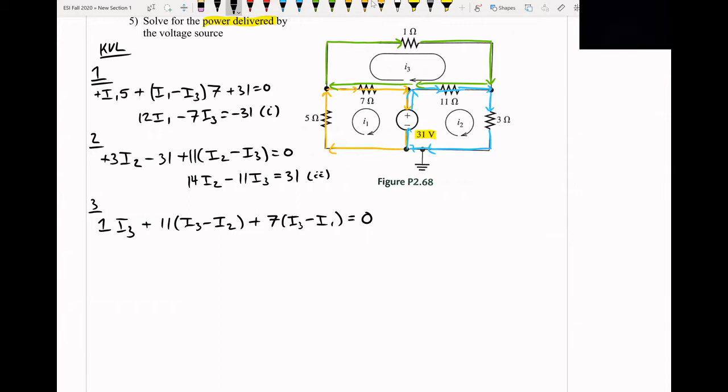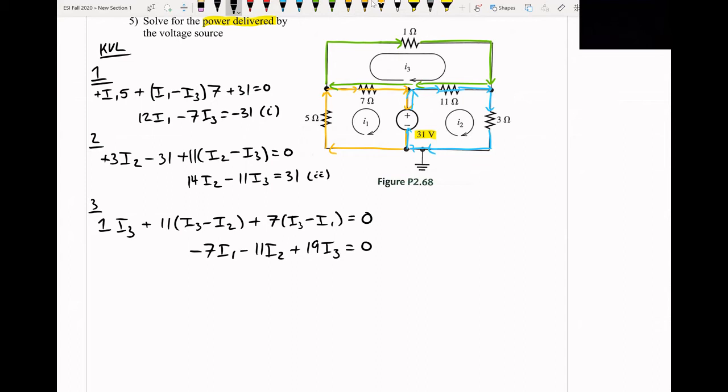If we simplify this out, we'll get negative 7I1 minus 11I2, and 7 plus 12 is 19, plus 19I3 will be equal to 0.